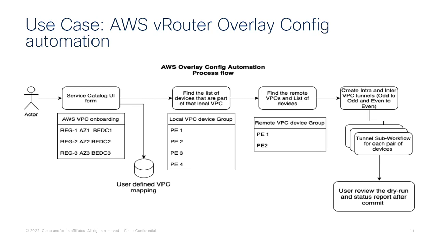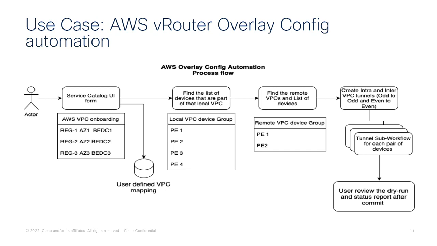So this framework is basically bringing up the whole overlay config tunnels across all the BRs. We create what we call an intra-VPC tunnel or inter-VPC tunnel between the two BRs. If the BRs are in the same region, same VPC, local VPC, then we create intra-VPC tunnels between them. And if they are in a separate VPC, then we create inter-VPC tunnels.